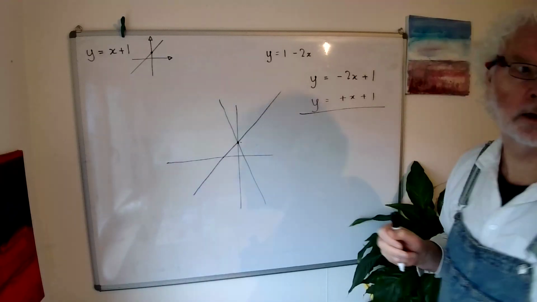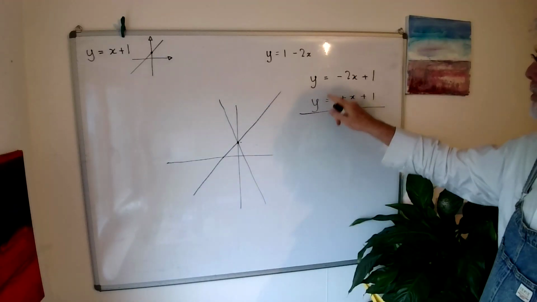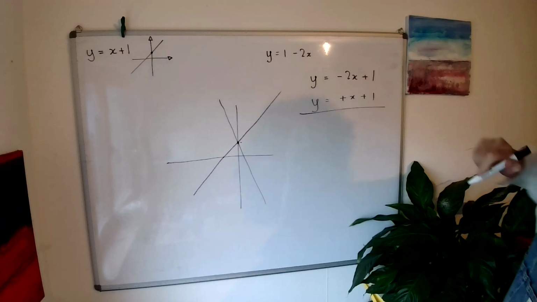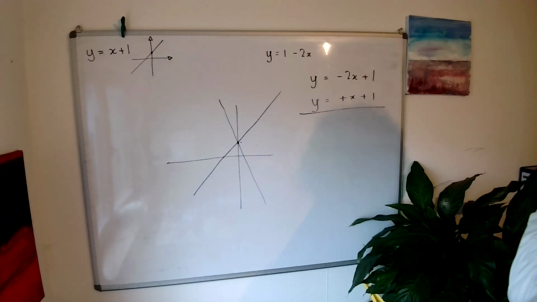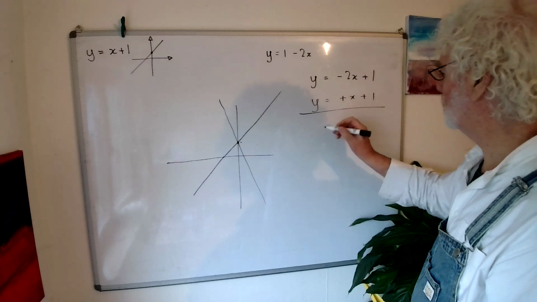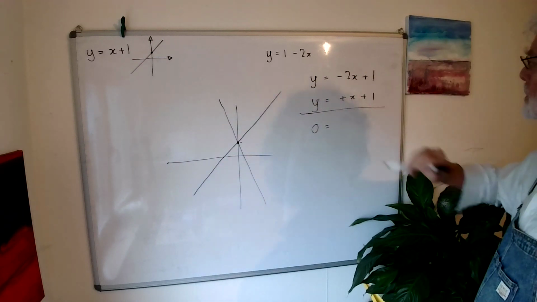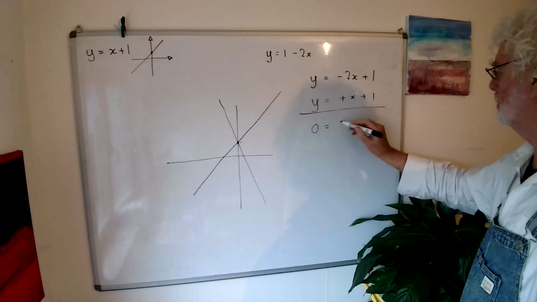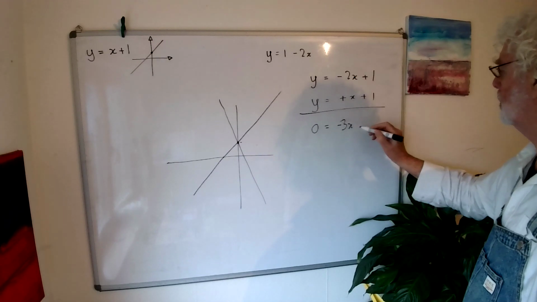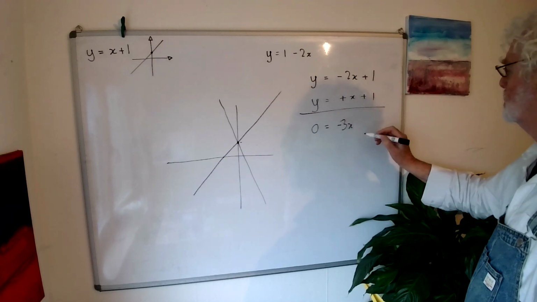And I'm going to subtract this one from this one. y minus y is 0 equals minus 2x minus x is minus 3x. 1 minus 1 is 0.